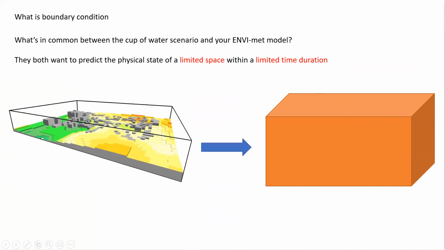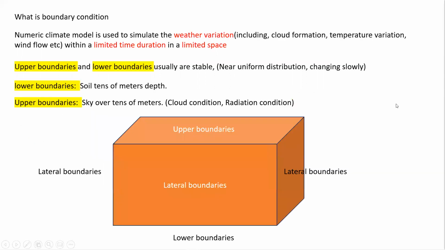And in AmiMat, that's how our whole model looks. There's the ground, your buildings, and some empty space up to the upper boundaries. Your whole model, your simulation domain, can be regarded as a block, and a block has 6 boundaries.